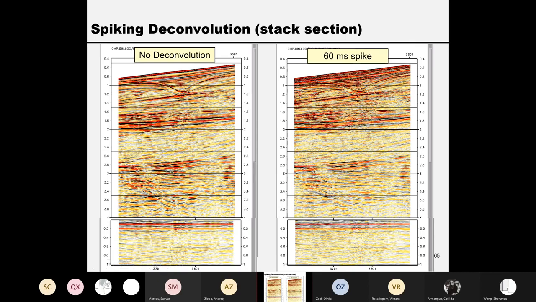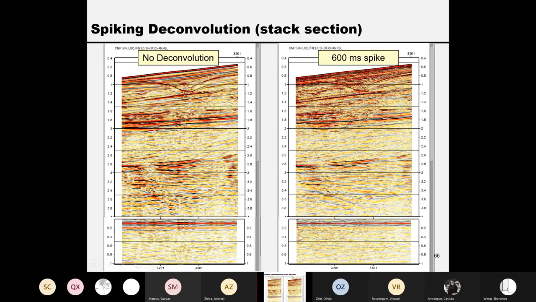If it's too long, you have the zero lag autocorrelation narrower compared to this one. Also, the first dominant period is attenuated, and more importantly, this part is also attenuated.